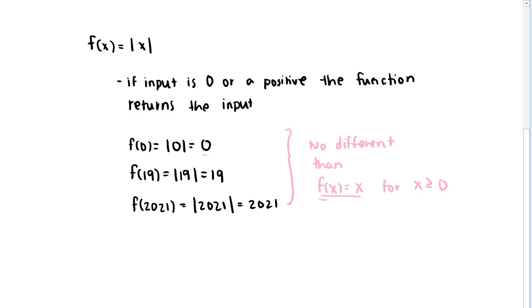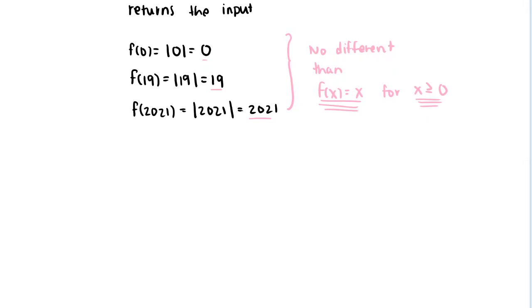If I plug in 19, I would get 19 out, and if I plug in 2021, I would get 2021 out, just like our absolute value function. So these two functions are really the same thing when we're talking about x values greater than or equal to 0.